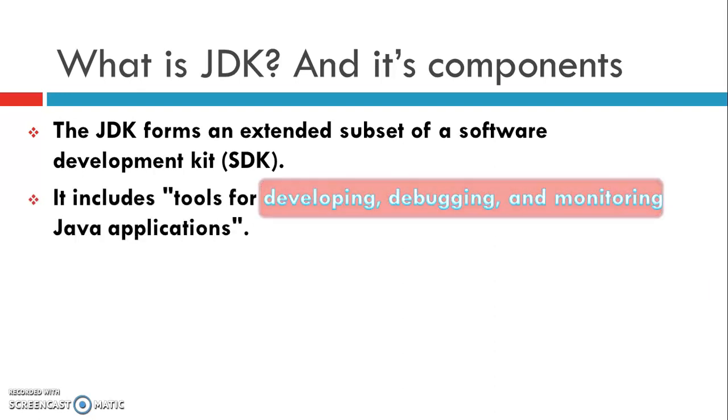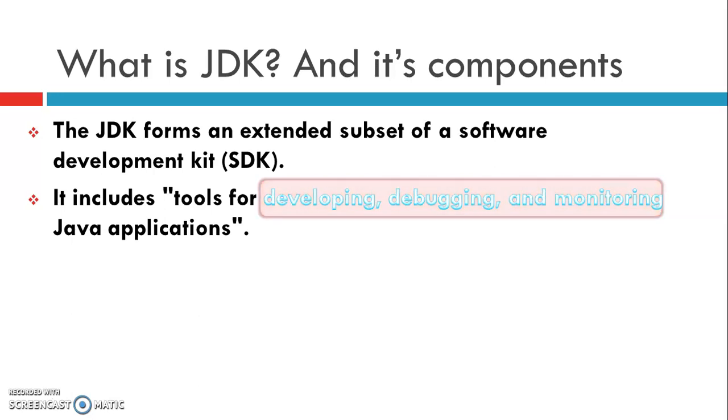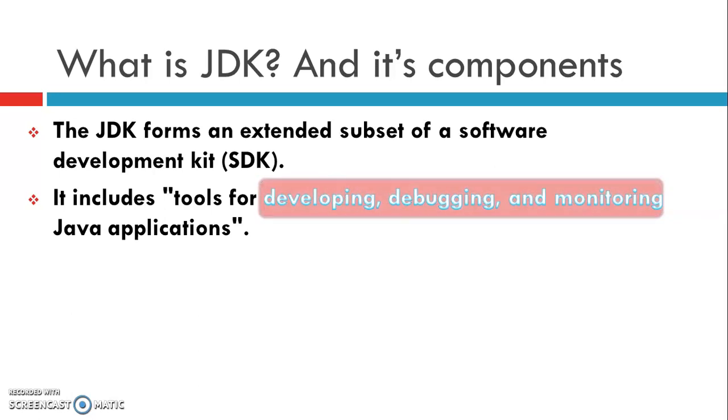Then what does the JDK have? The JDK includes the tools for developing, debugging and monitoring Java applications. The JDK has tools that we use for developing, debugging and monitoring Java applications.